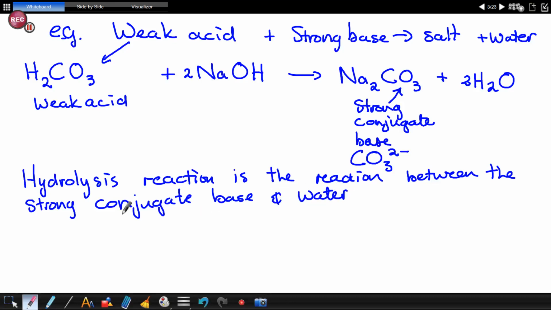And this strong conjugate base is usually an anion. It's part of the salt. When you have a weak acid and a strong base, it is the anion in the salt. When you have a strong acid and a weak base, it's the cation in the salt.